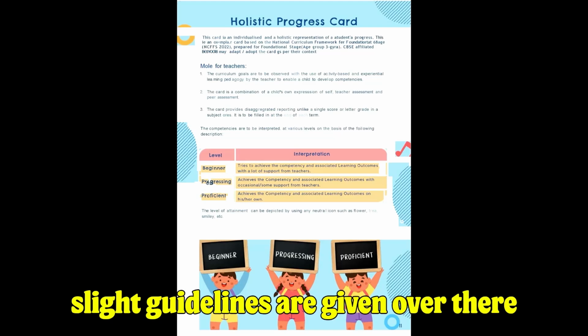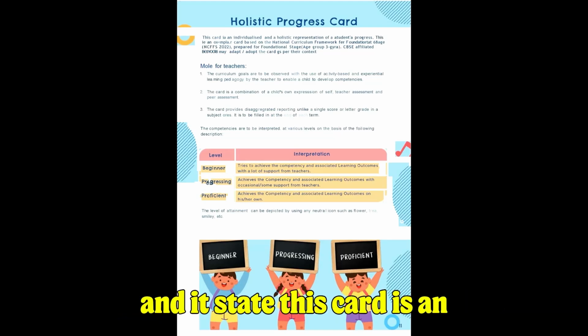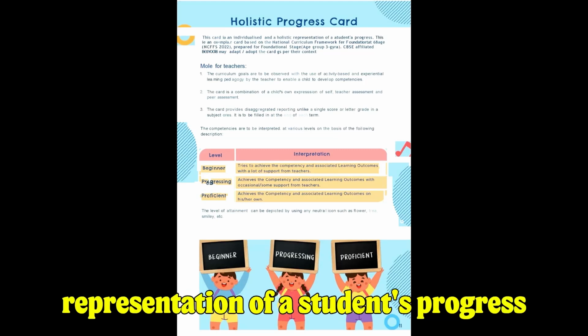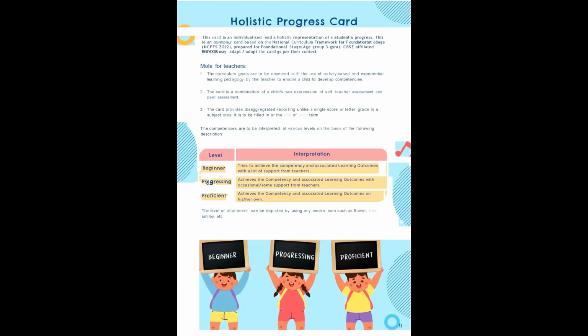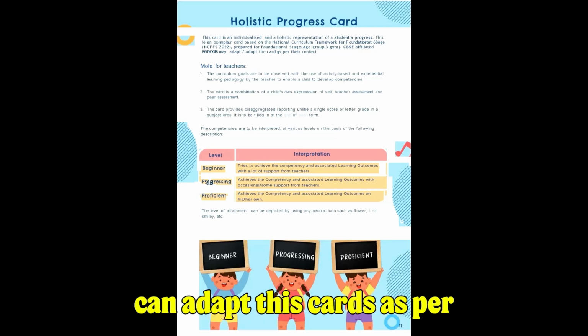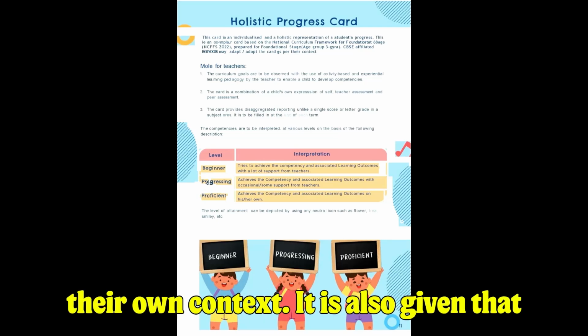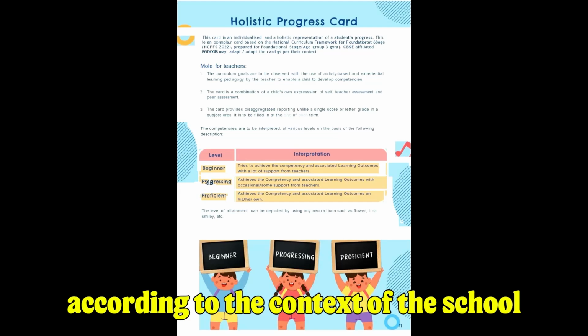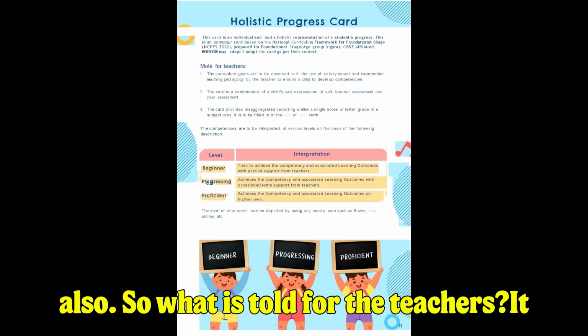Slight guidelines are given over there, and it states this card is an individualized and holistic representation of a student's progress. Schools can adapt this card as per their own context. It is also given that freedom that we can modify it a little bit according to the context of the school. So what is told for the teachers?